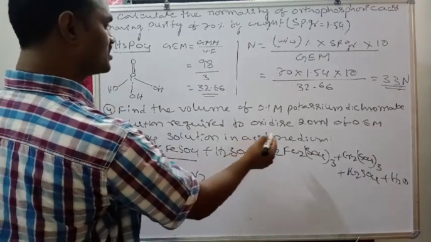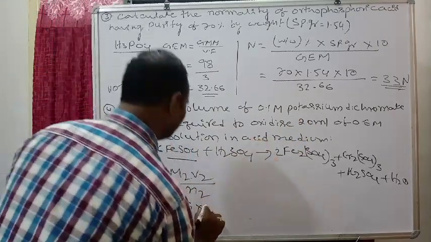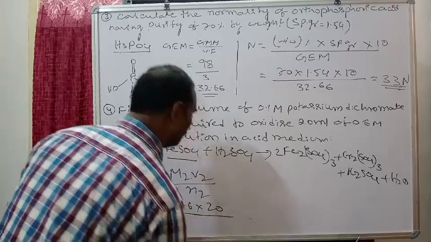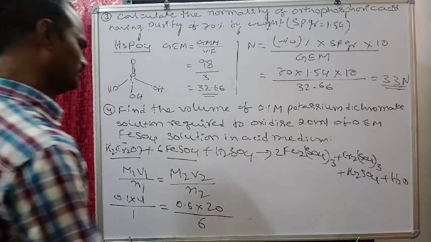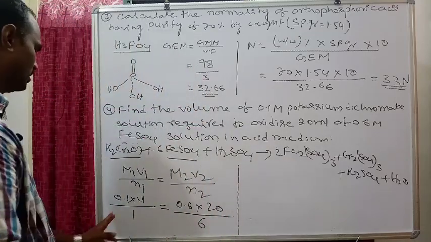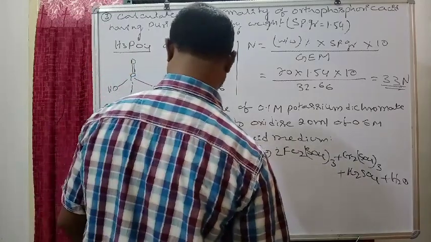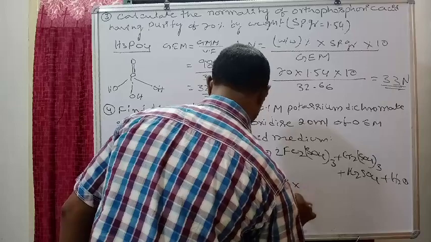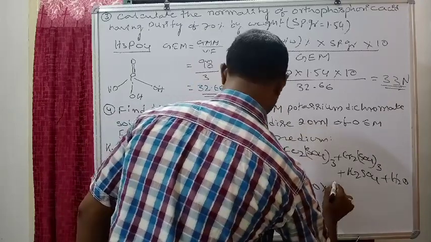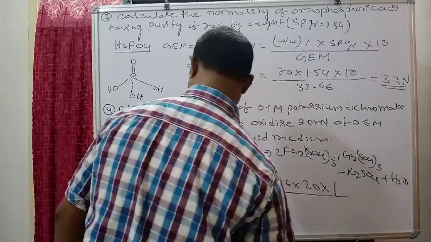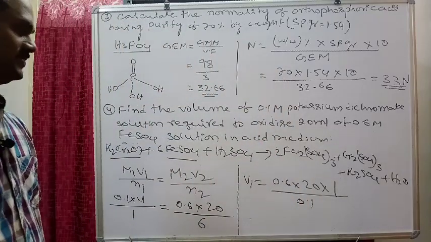Ferrous sulfate concentration 0.6 into volume 20 ml by the number of moles involved here, 6 moles. Now V1 is separate here. V1 is equal to 0.6 into 20 into 1 by 0.1, taking it to this side. It becomes like this.